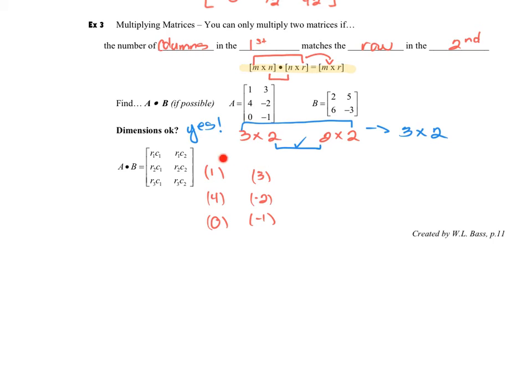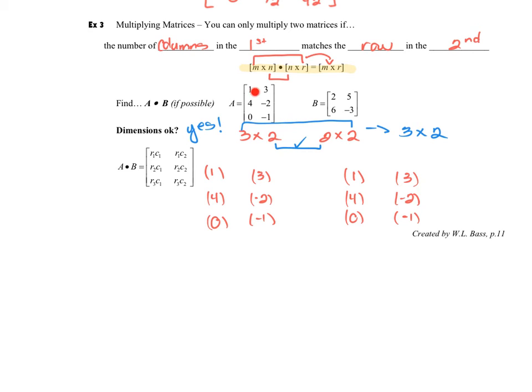All of these values are going to help create my first column in my new matrix. So I can actually write those out again, and I'm going to spread it out. I'm going to put them over here. I'm going to have this 1 and a 3 again, and my 4 and my -2 and my 0 and my -1. As you get good with this, you won't have to write all this out, but it definitely takes some practice at first.